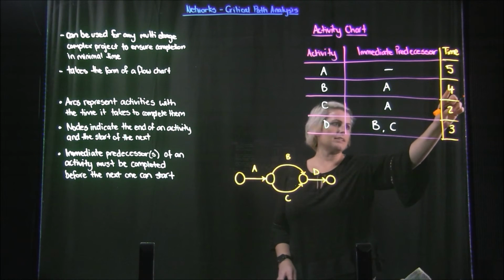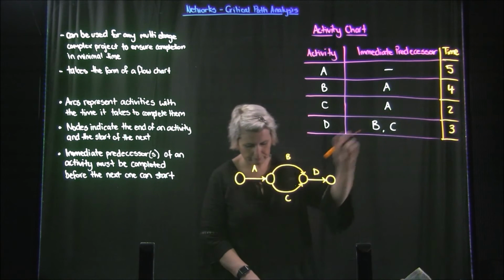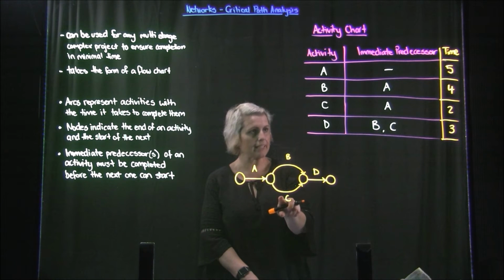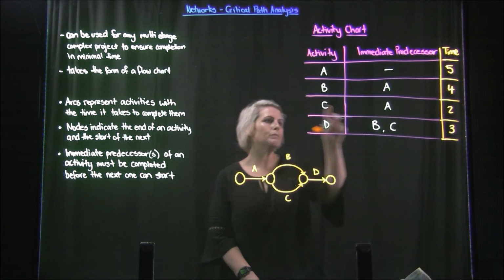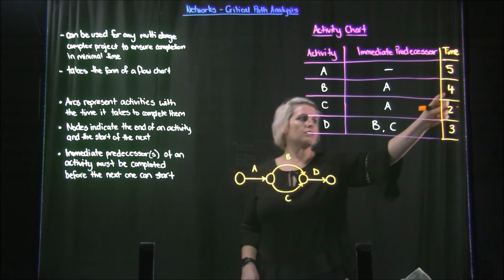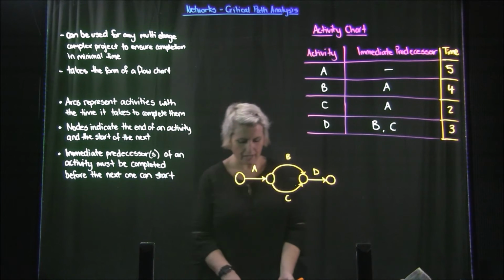These two are simultaneous, not a problem, but C is shorter by 2 minutes, so C can actually be started 2 minutes later than task B and still finish at the same time as the other.